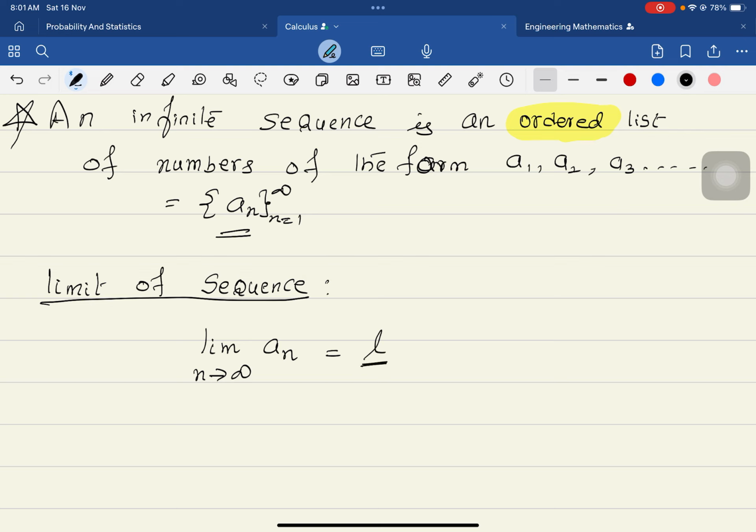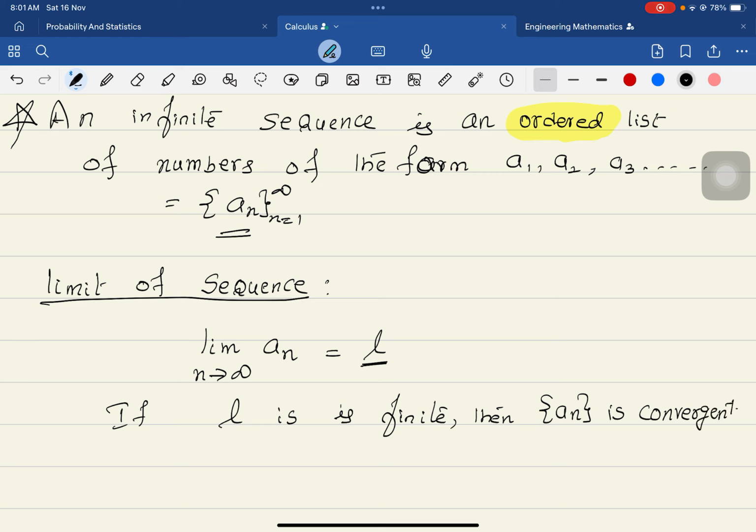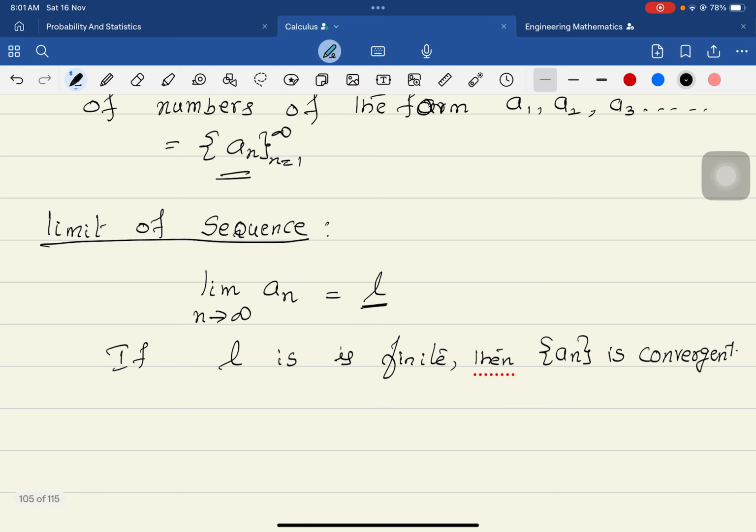Then we say that if this L is a finite number, then we say that the sequence an is convergent. The English meaning of convergence is that it is converging to that element, almost equal to that element. Then we say that it is convergent.